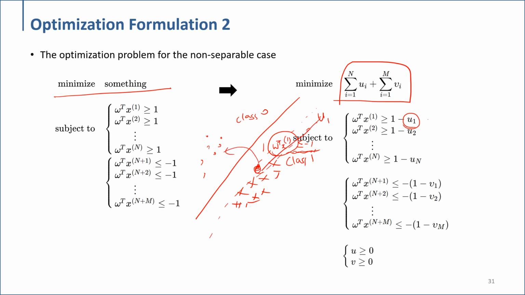But at the same time, we need to minimize u1. Of course, this will also allow this data to be classified into class 0, but by minimizing u1, the generalization and accuracy of our model will be improved. So our objective function is just minimizing the absolute values of u1 and v1.